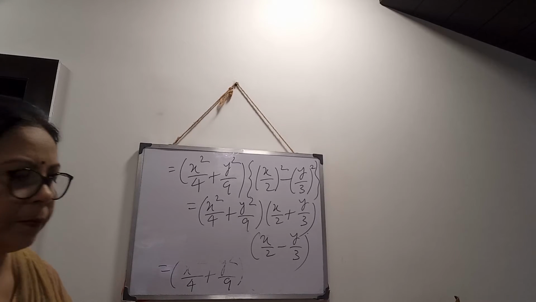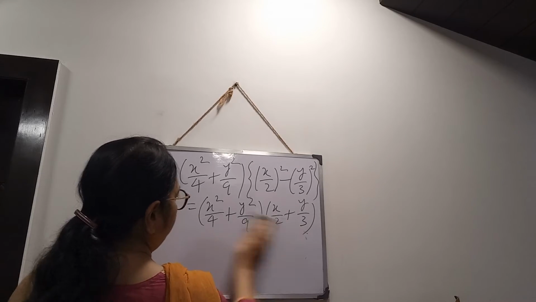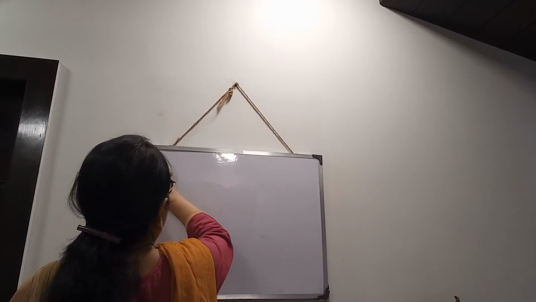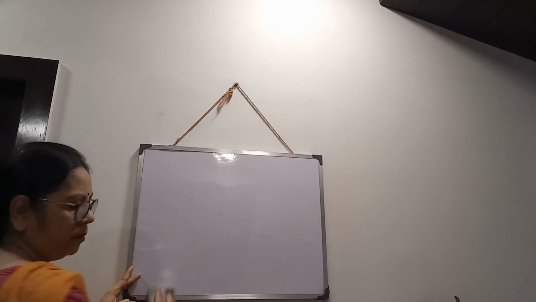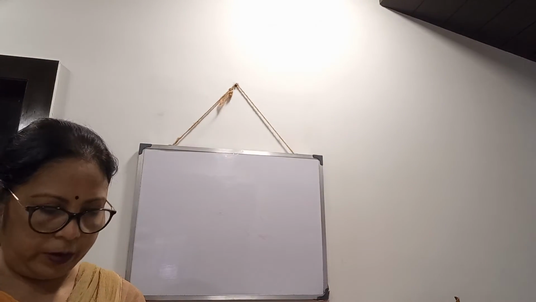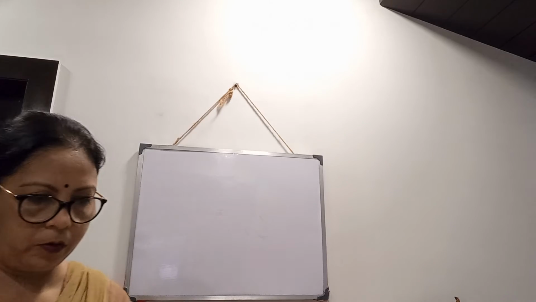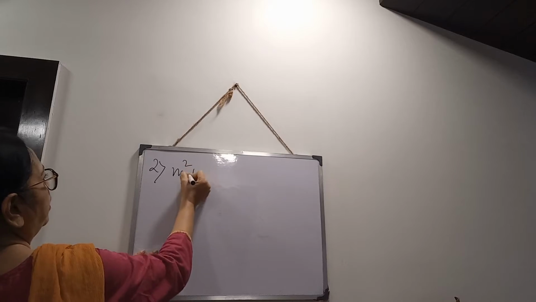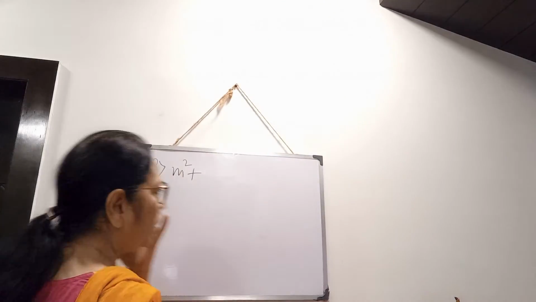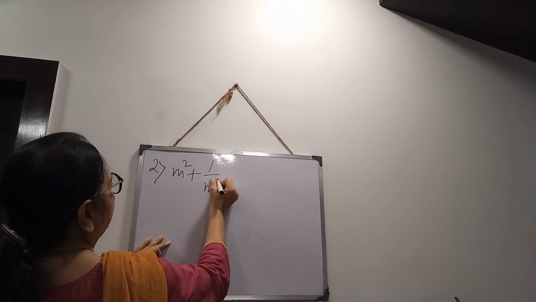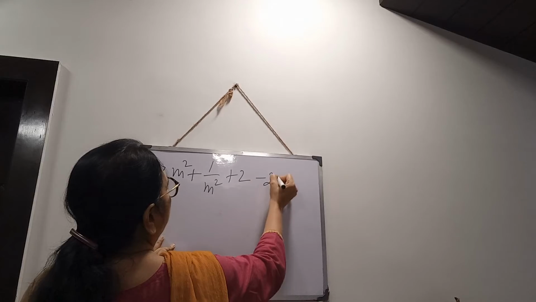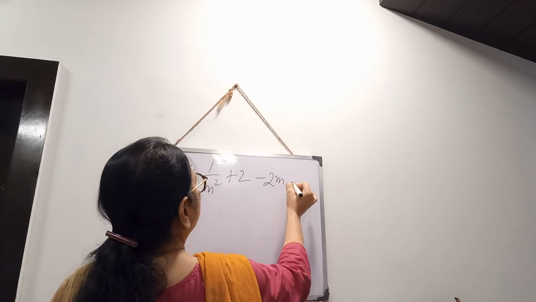Then the next type. Second one, you see, if the sum is m square plus 1 by m square plus 2 minus 2m minus 2 by m.